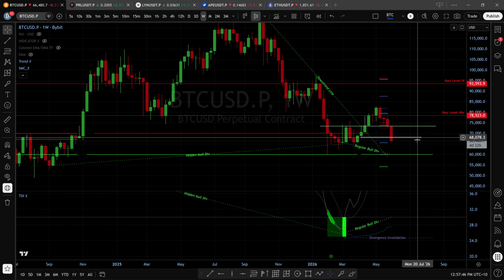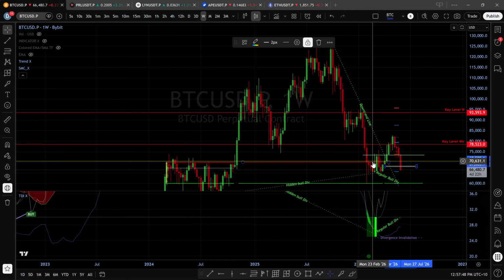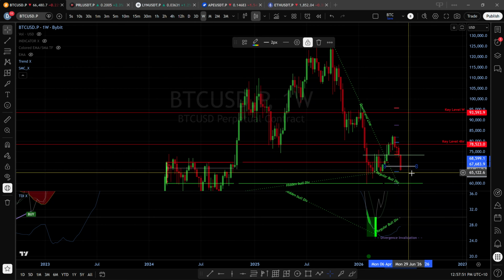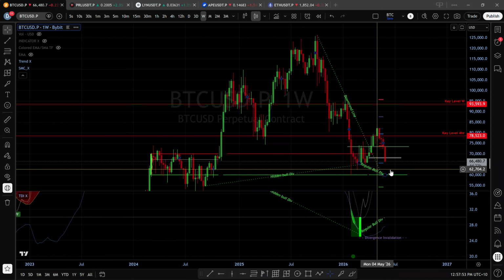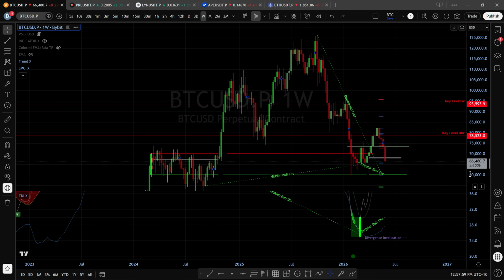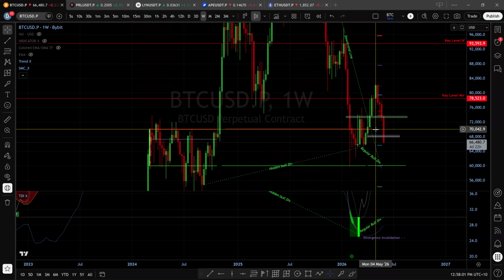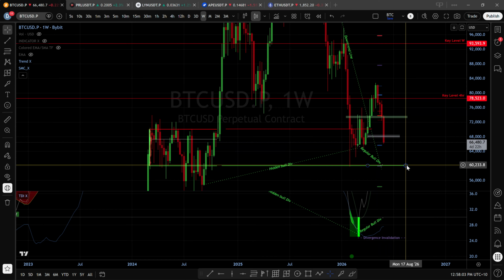But I think it's possibly going to build another double bottom here, or maybe range a little bit again in this previous volume range. So it's worth watching.